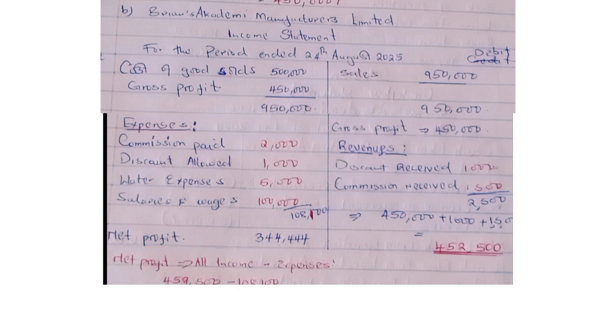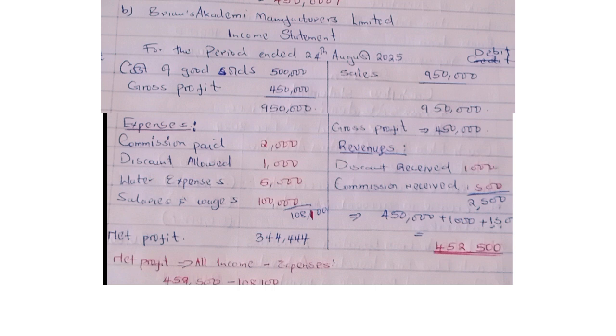Now, before we go to the part of credit, we want now to tally all the digits which are under the debit, so that we come up with the final figure. So we are going to take 450,000, that is the gross profit, leave alone the sales, that one we are not working with. So we start from the gross profit, which is 450,000.